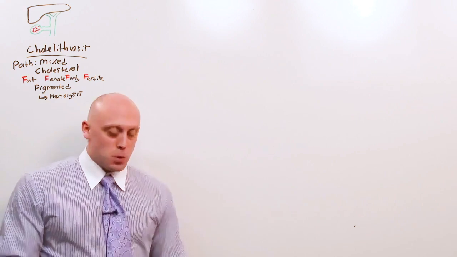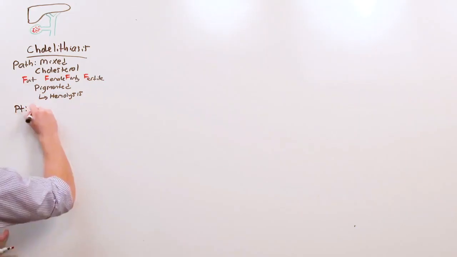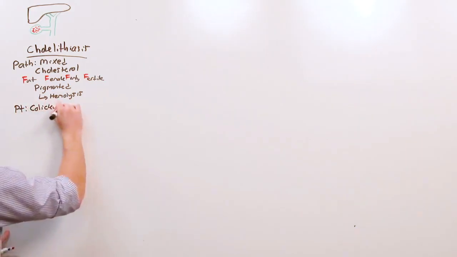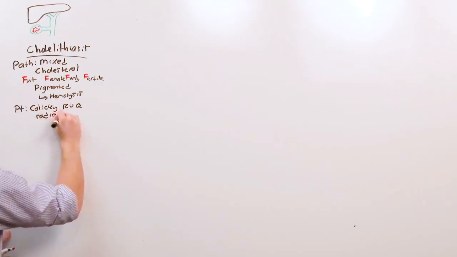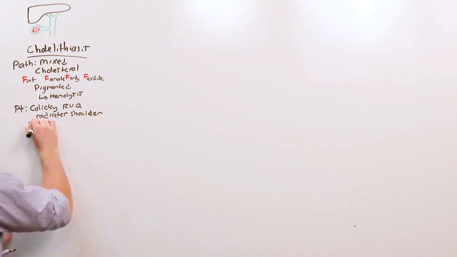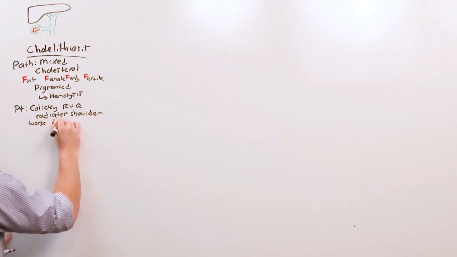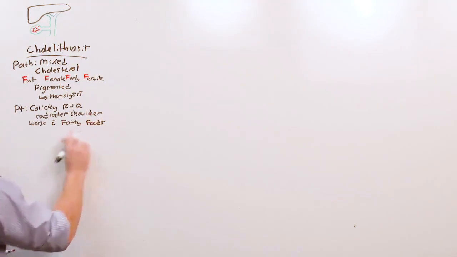So a person who's got gallstones is going to present with colicky abdominal pain, generally in the right upper quadrant, radiates to the shoulder. And this is going to be worse with fatty foods. Why fatty foods? Because fatty foods cause more contraction of the gallbladder.